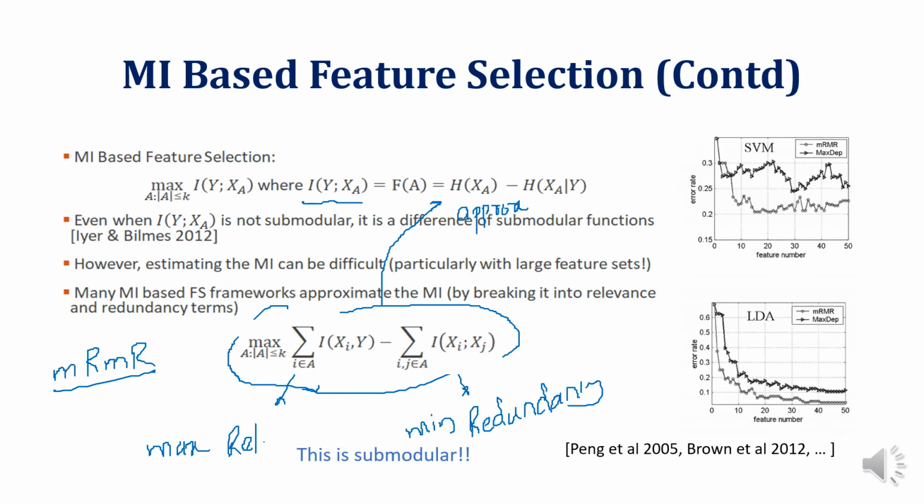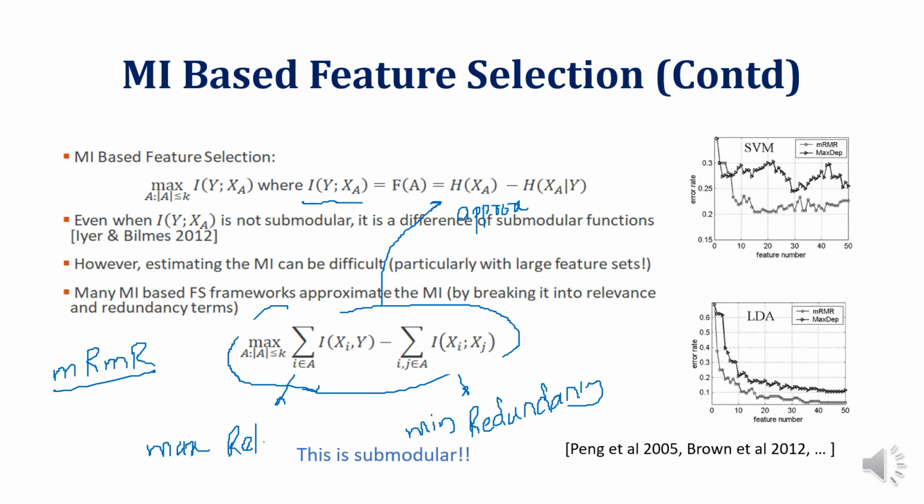Hence, many mutual information based feature selection frameworks approximate the mutual information by breaking it into two parts. The first is the relevance, and the second is the redundancy. And the idea here is that you want to maximize the relevance and minimize the redundancy. Therefore, the objective is often called MRMR.